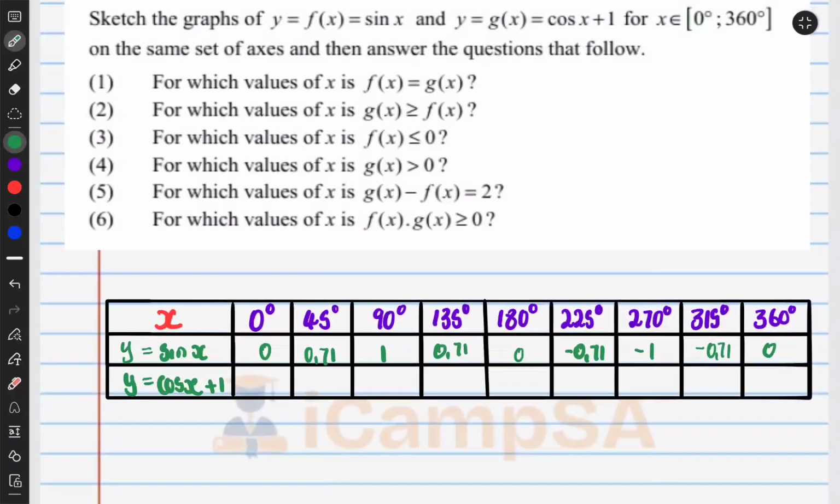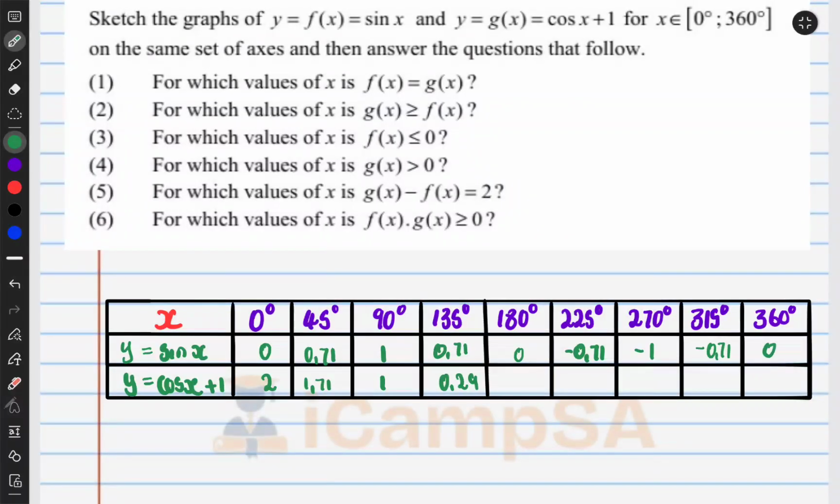Cos of 0 plus 1 is 2. Cos of 45 plus 1 is 1.71. Cos of 90 plus 1 is 1. Cos of 135 plus 1 is 0.29.